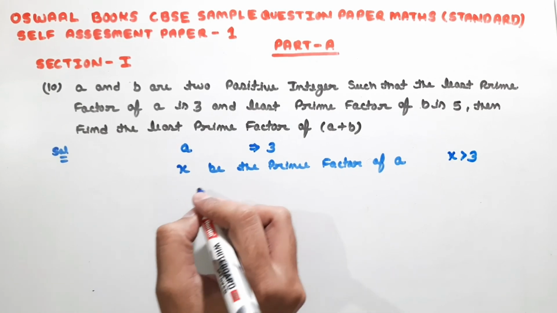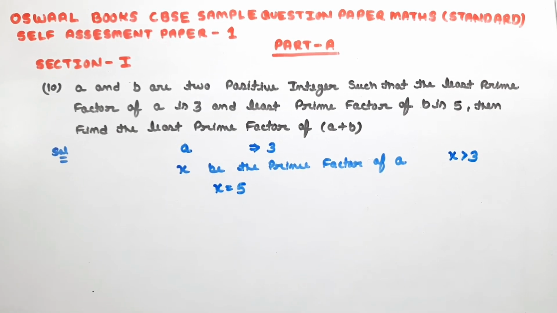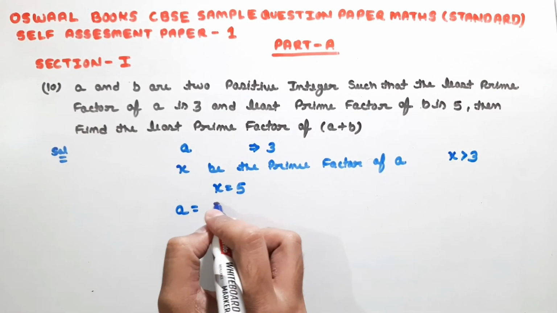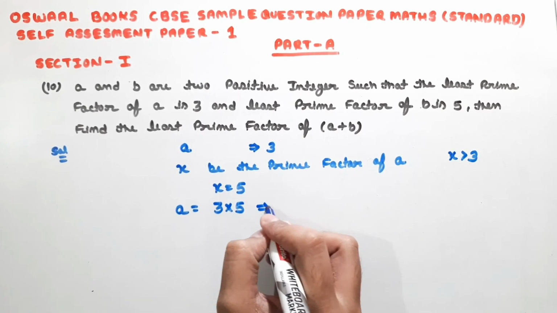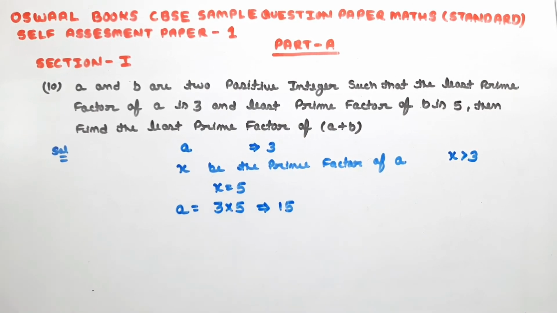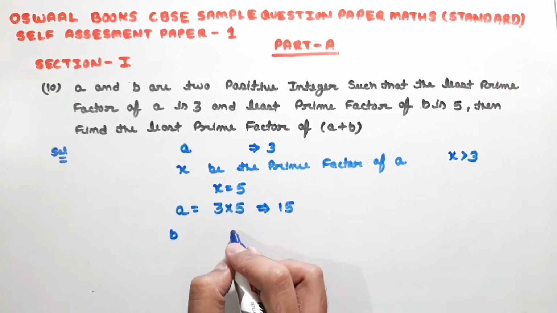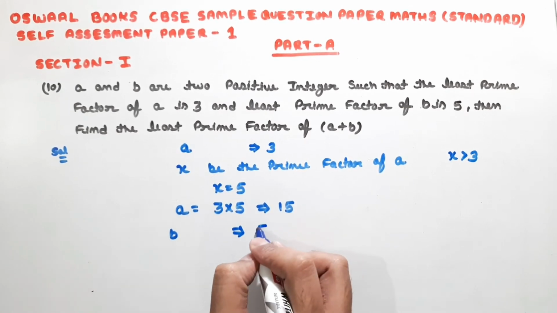So let x equal 5. So our number A will be 3 into 5, that is equal to 15. We have given B is a positive integer whose least prime factor is 5.